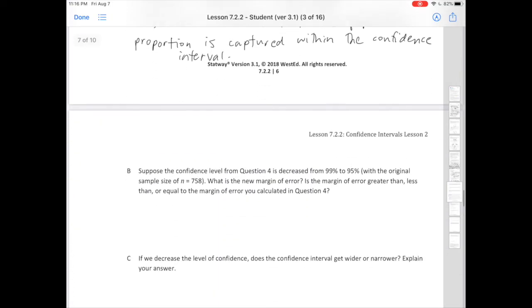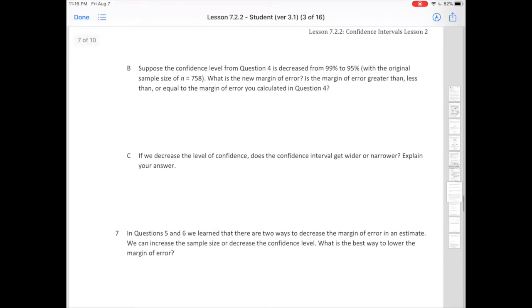So this is bad, right? We don't want a smaller level of confidence, okay? So let's keep going here.